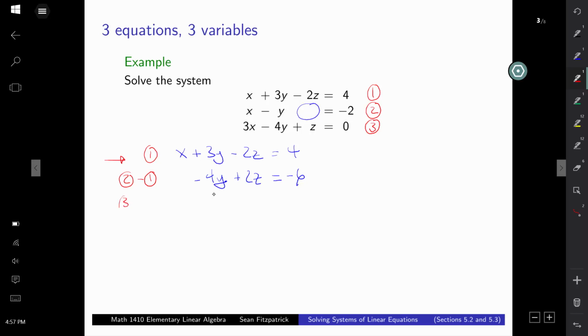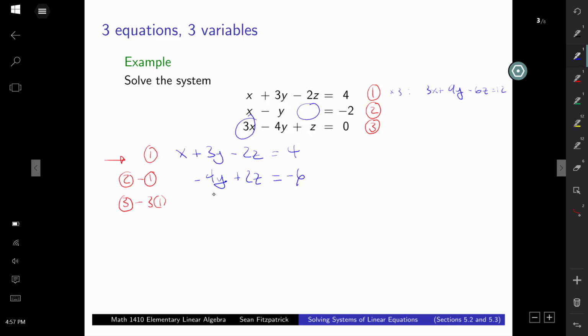I'm going to take the third equation and I'm going to subtract off 3 times the first equation. Again, my goal is I'm trying to get rid of the x. So 3x minus 3x gives me that 0 I'm looking for, right? So if I multiply by 3, just so we keep track, 3x plus 9y minus 6z equals 12. So I'm subtracting those from the third equation.